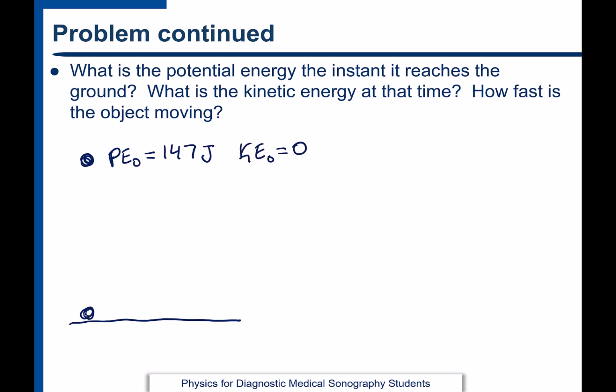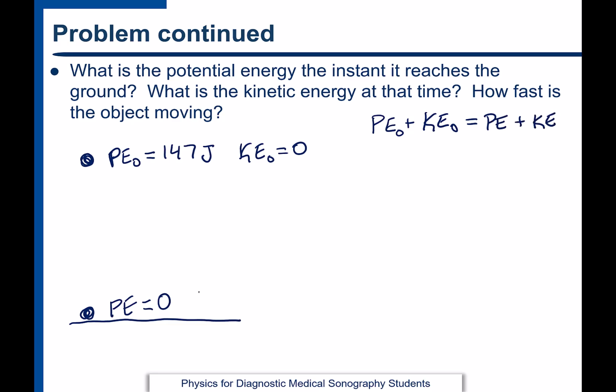So when it gets to the bottom, we know the potential energy is 0 because it's right at the bottom. But remember, it's the instant that it gets there, so it's still moving. So now I'm going to use my conservation of energy. PE naught plus KE naught equals PE plus KE.